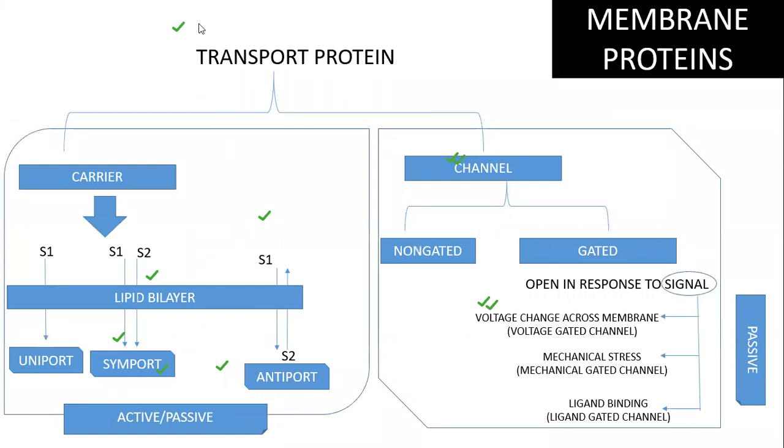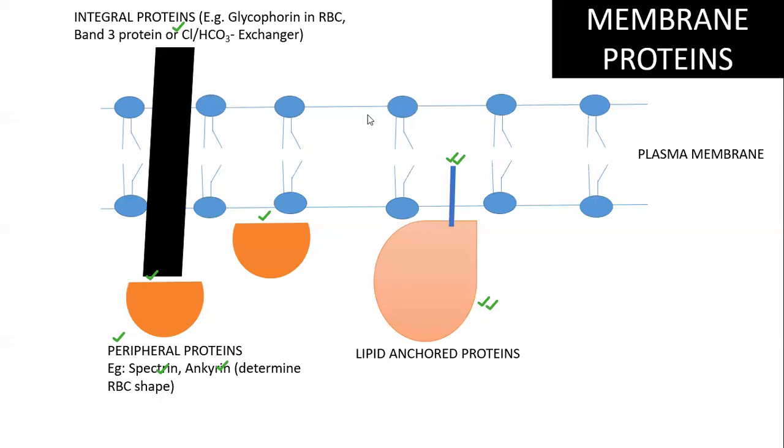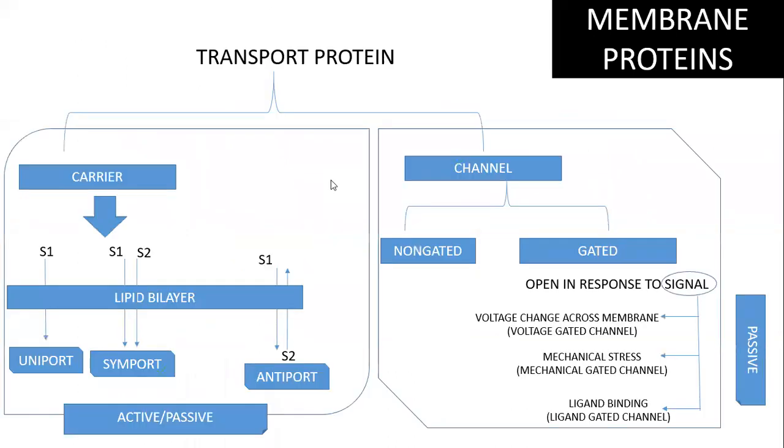Now, if we visualize the transport of proteins, we will see that there are basically two types of protein which help in transport of solutes. One is the carrier protein, and another is the channel protein.